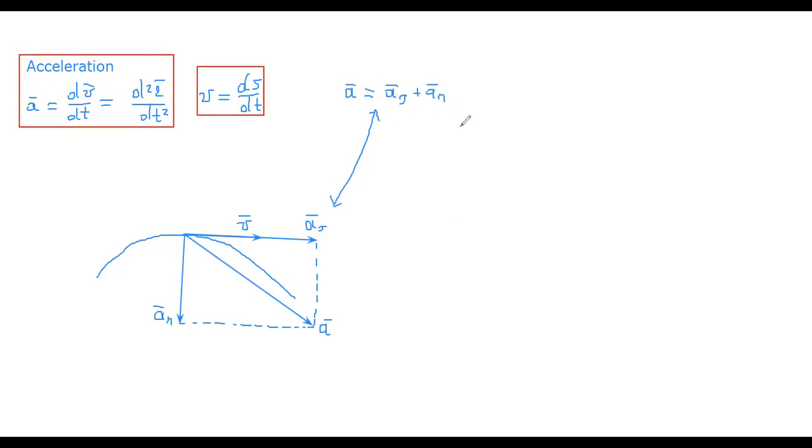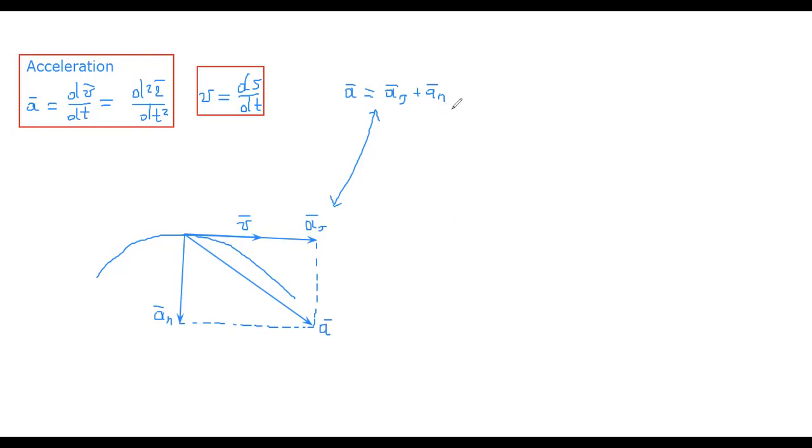How can we calculate tangential and normal acceleration, and what do they mean? Tangential acceleration describes the changing of the absolute value of velocity.